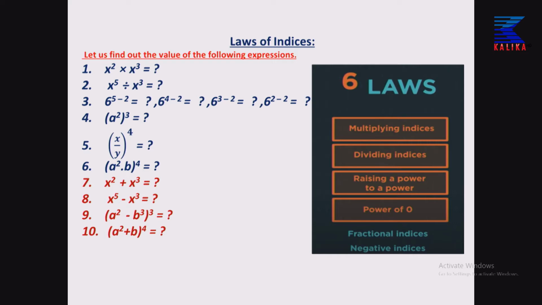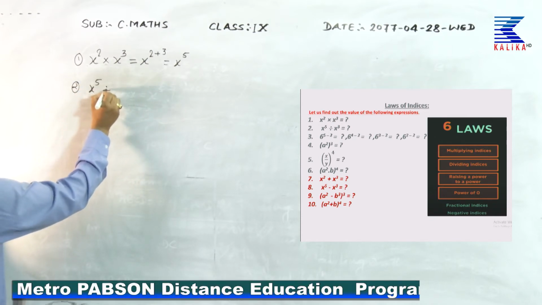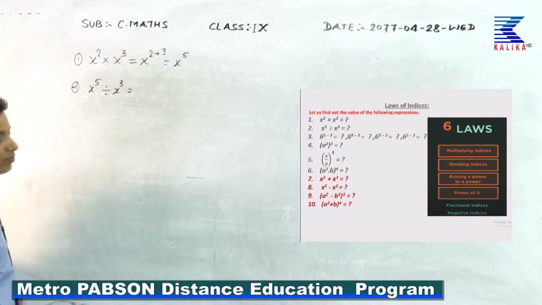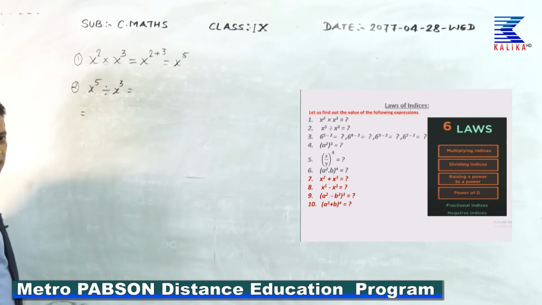Next, second, you can see here x to the power 5 divided by x to the power 3. Now, let us simplify it at first as you did in junior classes.